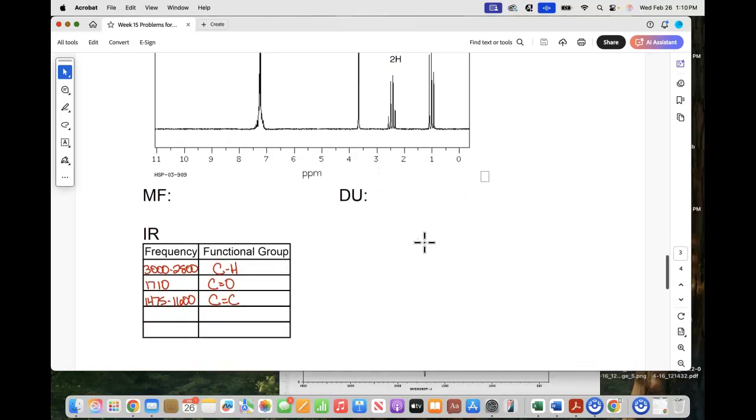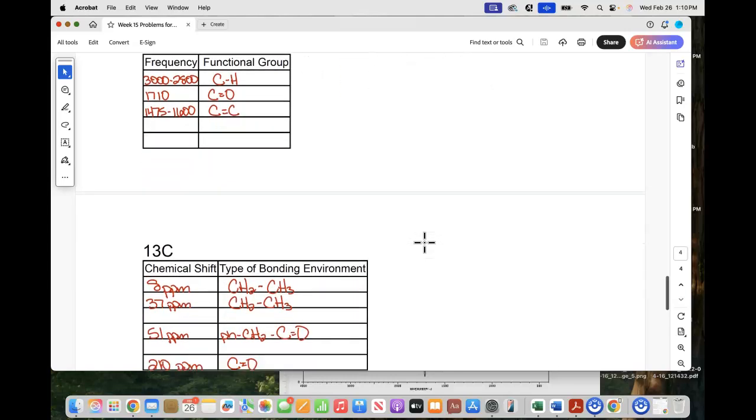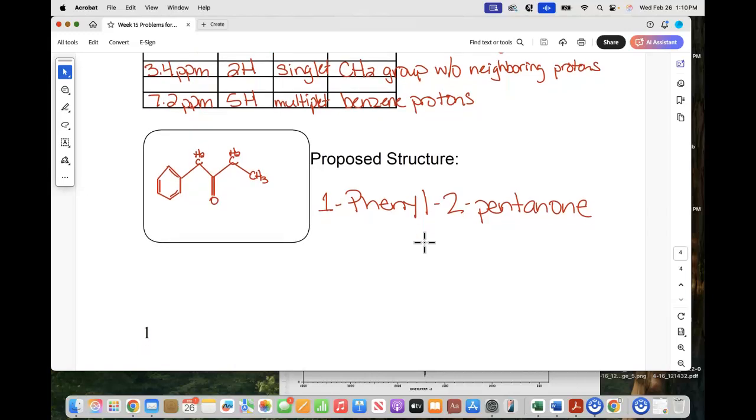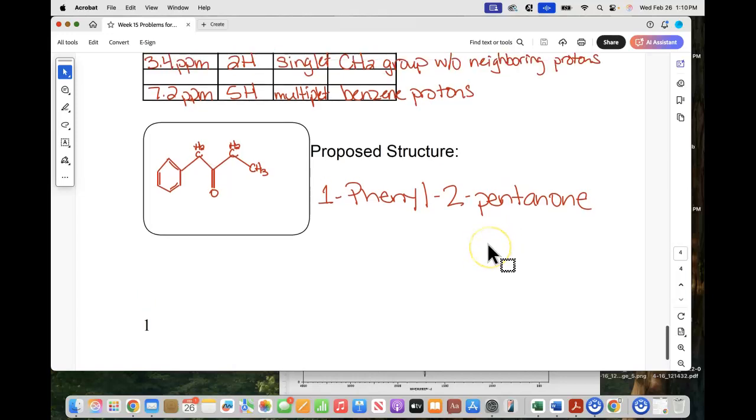Based on all of that data, the final structure that I am proposing is this structure right here. Its IUPAC name would be 1-phenyl-2-pentanone. I believe that this fits because the DU equals 5 and indicates a benzene ring and a ketone.